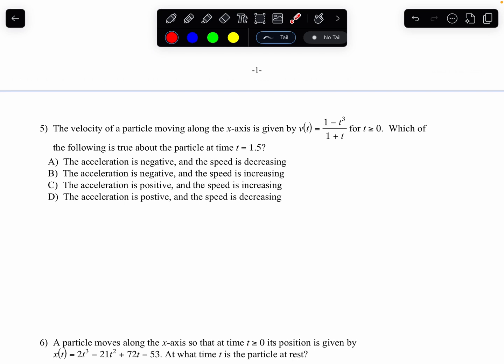So what we're going to do now, you can do this by hand, or if you have a calculator, you can do that too, and I'd like to talk about both. If you're doing it by hand, as far as speed goes, speed is increasing when velocity and acceleration have the same sign.